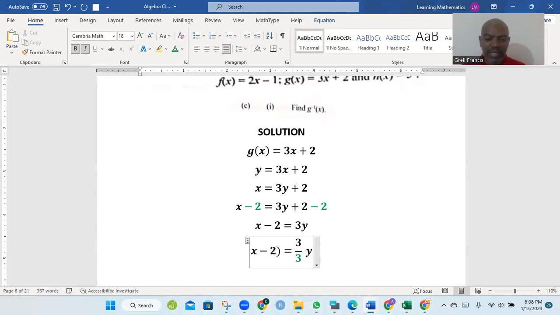Whatever you do on one side, you have to do it on the other side of the equation for it to balance. So we must divide by 3 on the right side. So please copy this down.